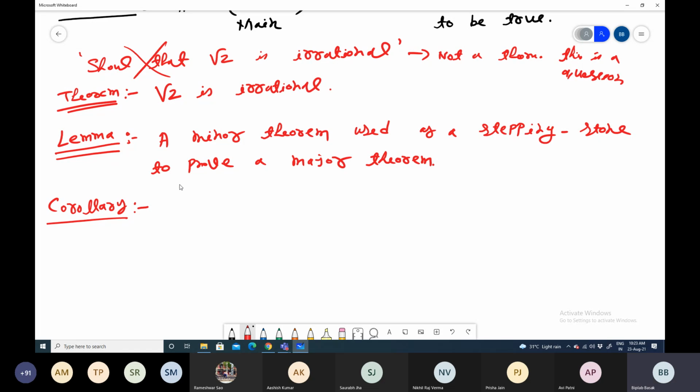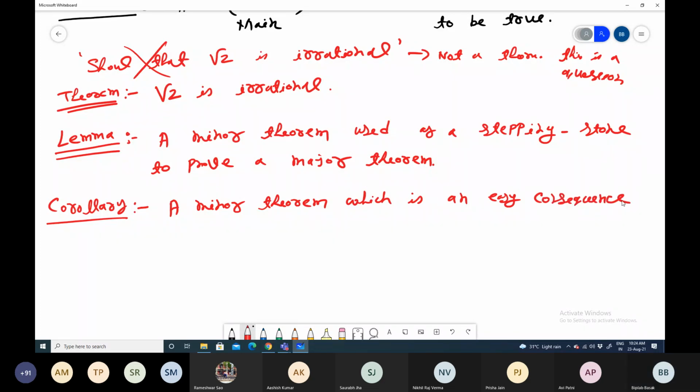Now corollary is again a minor theorem which is an easy consequence of a major theorem. Okay, so in short, if you look at it in some direction, you will have a few lemmas.